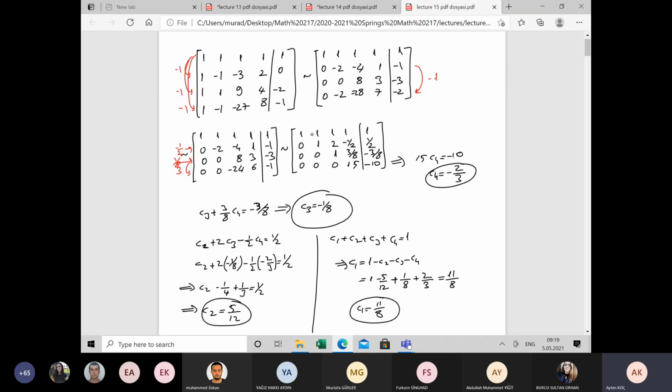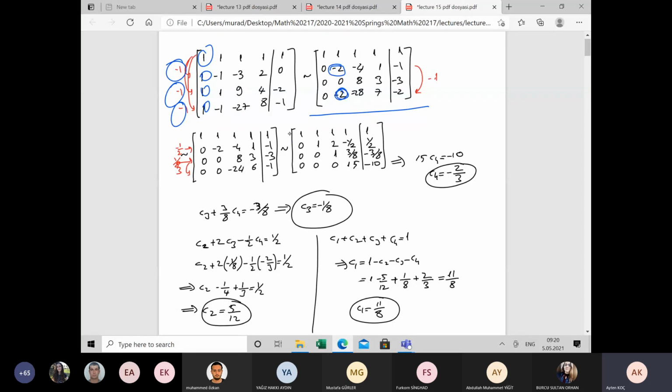To get a leading one, we have a leading one here, of course. To get 0, 0, 0, how do we do it? Multiply by minus 1 and add to the corresponding rows. So we obtain this one. The next step is to get 1 here, and also to get 0 here.